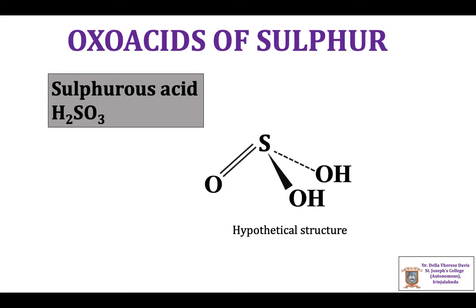Some species like SO2·nH2O, which is the hydrate of SO2, are isolated, and the hypothetical structure of sulfurous acid is shown here. Sulfur is bonded to an oxygen by a double bond and two OH groups by single bonds.